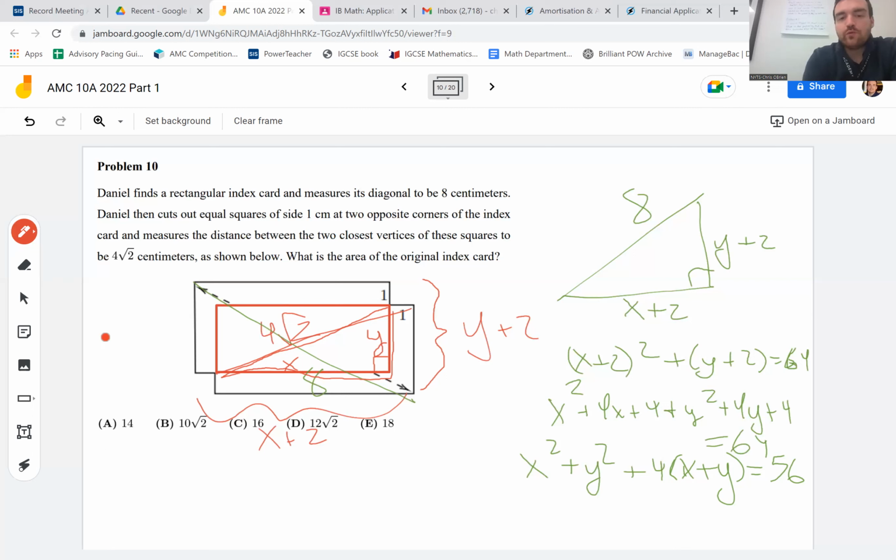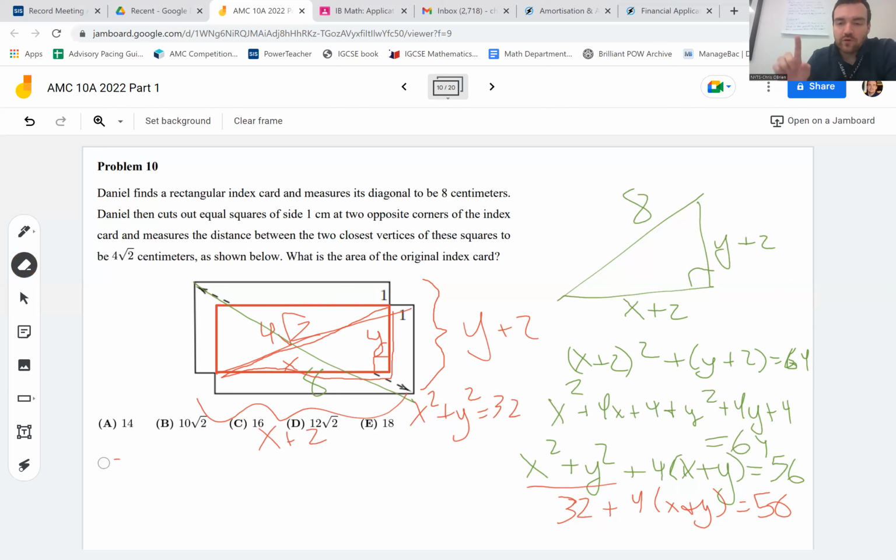So I can substitute here: 32 plus 4 times X plus Y equals 56. Subtracting 32 from both sides gives 24, so 4 times X plus Y equals 24. Dividing both sides by 4, I get X plus Y equals 6.